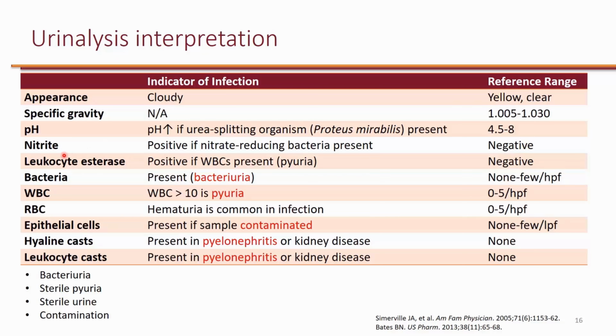Another thing that's important to look at is the presence of nitrite and leukocyte esterase. Nitrite is not supposed to be there in the urine, so if you do find nitrite, it could suggest the presence of bacteria. Now, if the nitrite is not there, that doesn't necessarily mean that there is no infection, and I'll explain that more on the next slide.